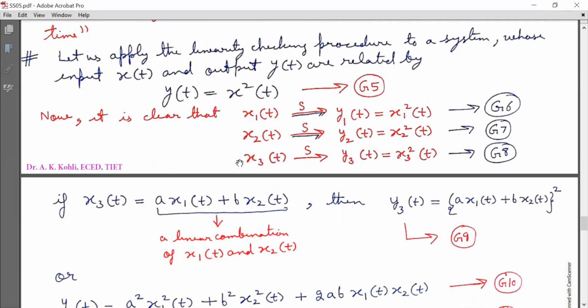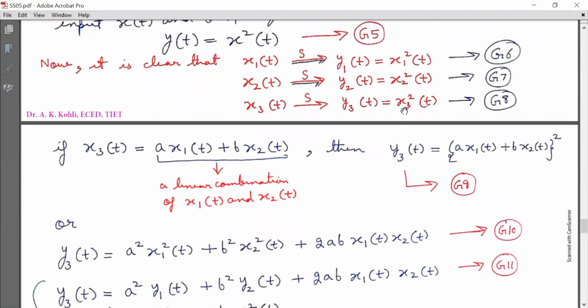Similarly, when the input is x3(t), the output y3(t) is x3 square(t). Now, if x3(t) is equal to a x1(t) plus b x2(t), a linear combination of x1(t) and x2(t), where a and b are constants, then y3(t) is equal to [a x1(t) plus b x2(t)] the whole square.